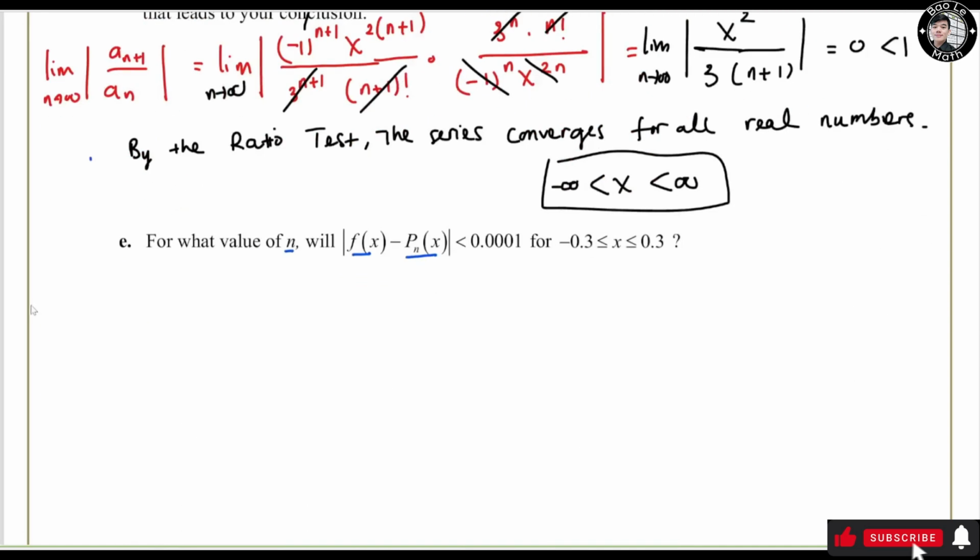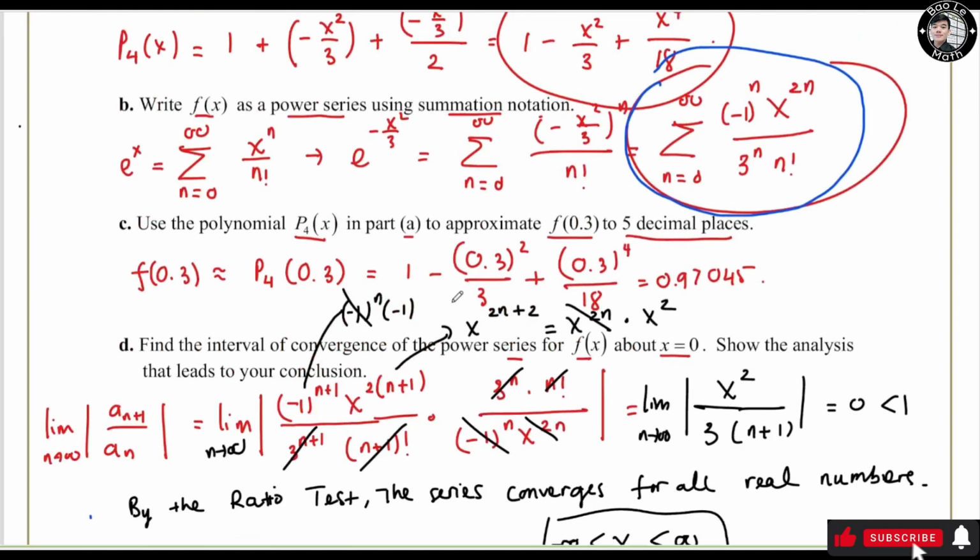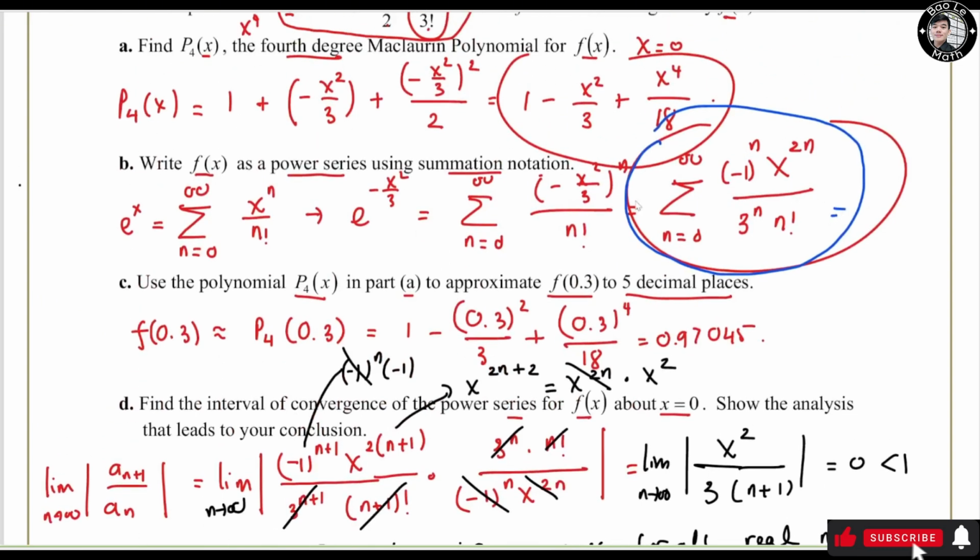So we have the absolute value of f of s minus p sub n of s, which always equals the remainder, and this guy is always less than or equal to the first omitted term, which is a sub n plus 1. Now you have a sub n right here, so for a sub n plus 1, you just put n plus 1 right here and 2n plus 1 right here.